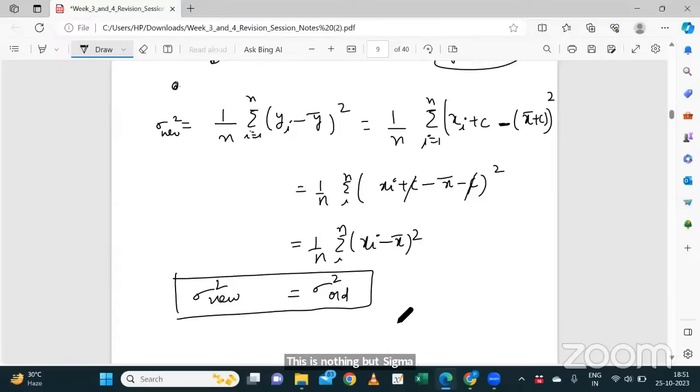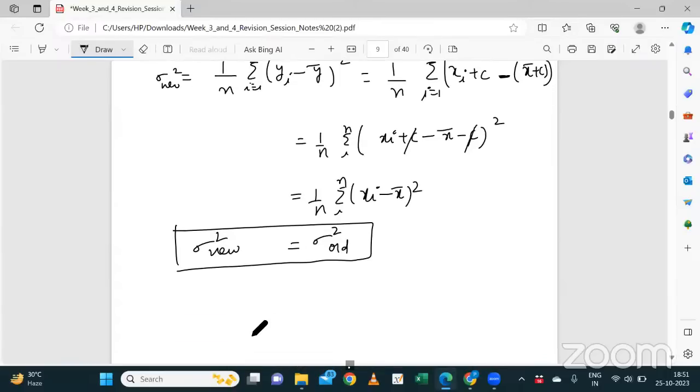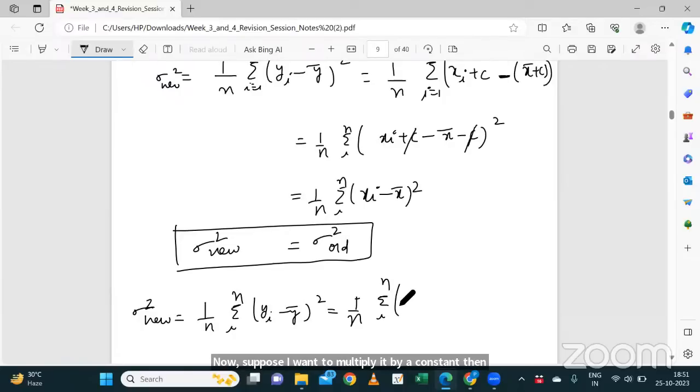Now suppose I want to multiply by a constant, then what? The new variance is 1 upon n, summation yi minus y bar whole square. Your yi will be xi times c, and y bar will be x bar times c.